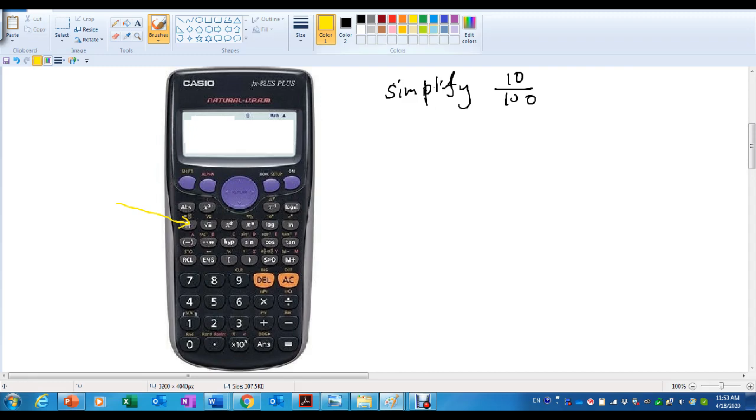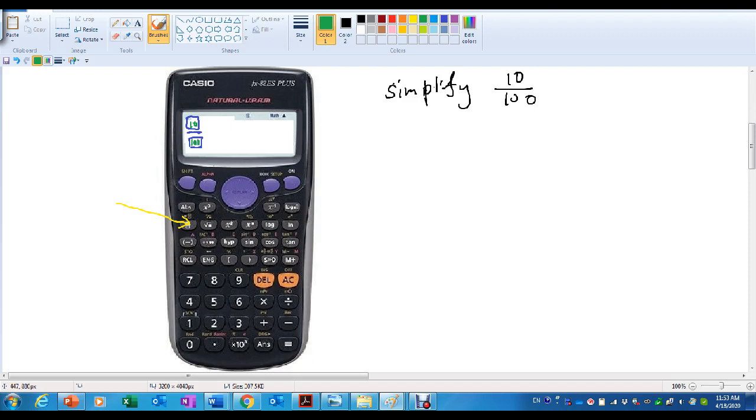By pressing this button, you will see something like this appear on the screen. Then you input 10 here, and then you press 100.